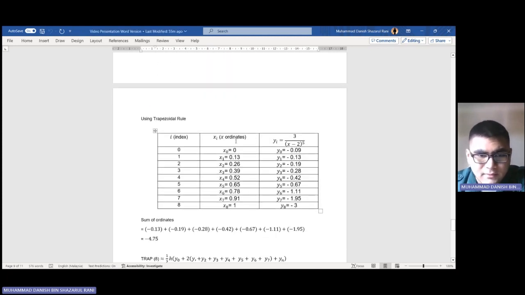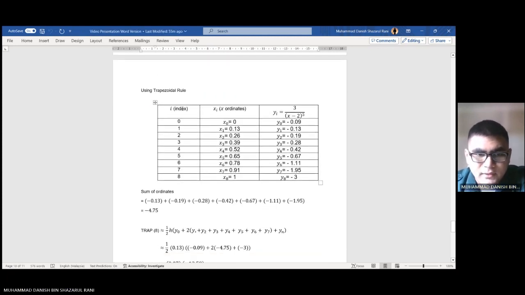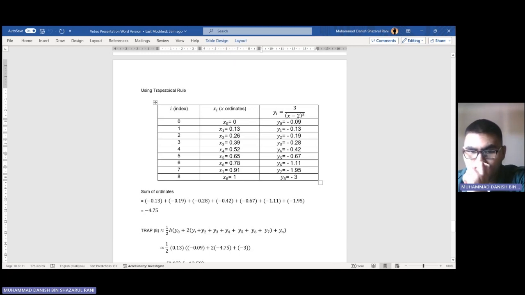Using the table, you can see how many strips there are, with the x coordinates and the y coordinates. To find the x coordinates, you start with the lower limit, and to find the y coordinates, just replace x in the equation with the x coordinates.